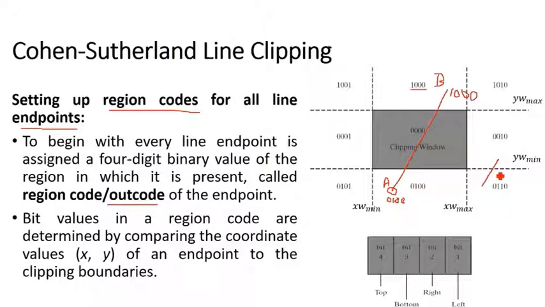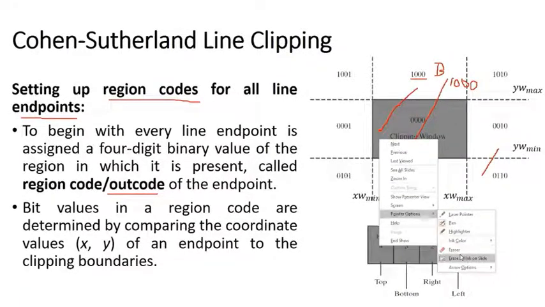The outcode of this point will be 0110. If there is a point inside like this, then since it's inside the clipping window, its outcode becomes 0000, and this also becomes 0000. Let us say this line is extended like this, then the outcode of this is 1000 and the outcode of this is 0000. So this is about assigning outcodes to the endpoints of the line.